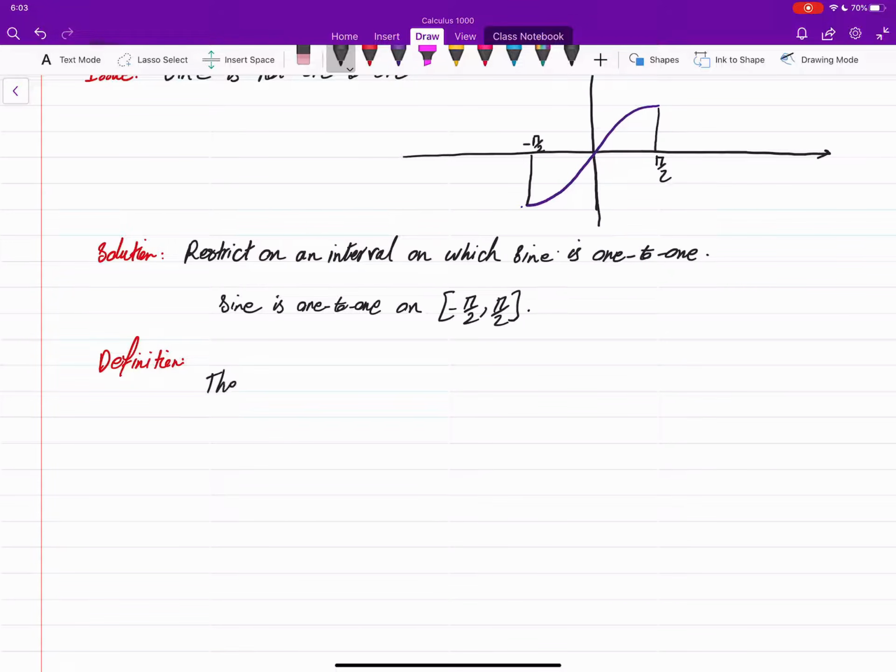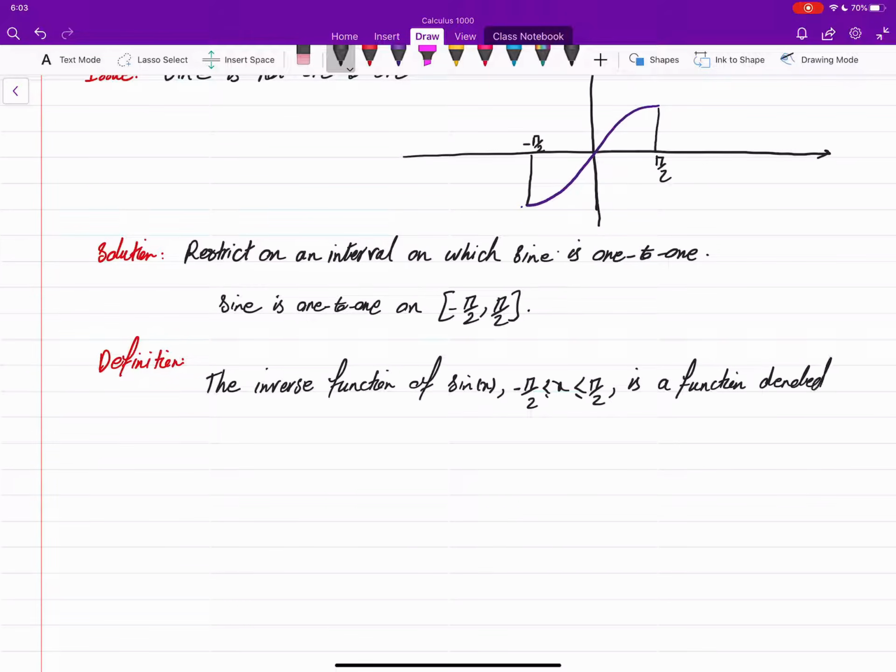The inverse function of sine x, well, sine x doesn't have an inverse function, but we are talking about sine x restricted to this domain, is a function denoted by, let's see what the notation is.